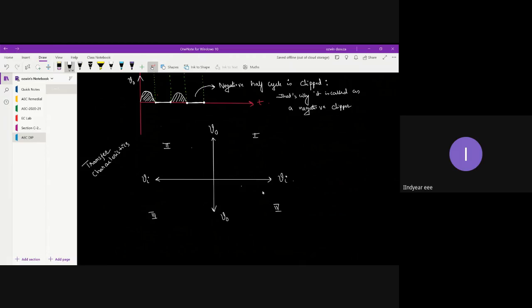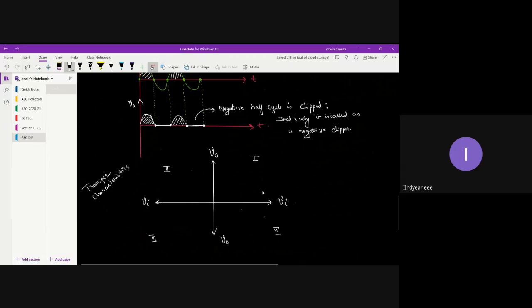All right, fine. Now let us handle the transfer characteristics. You first consider part A, which is the positive half cycle, and then part B, which is the negative half cycle. In the positive half cycle, we got V0 equal to Vi.